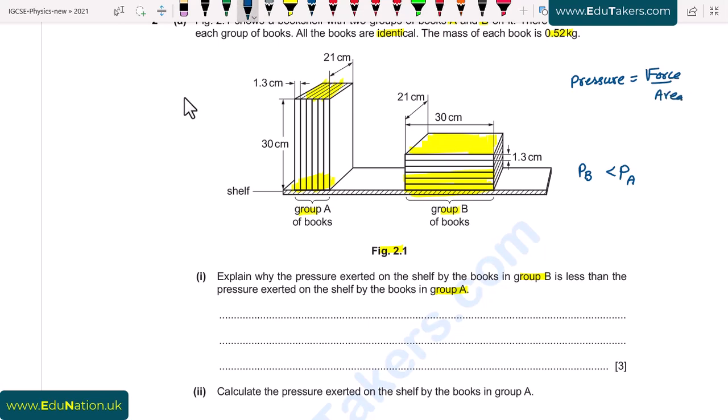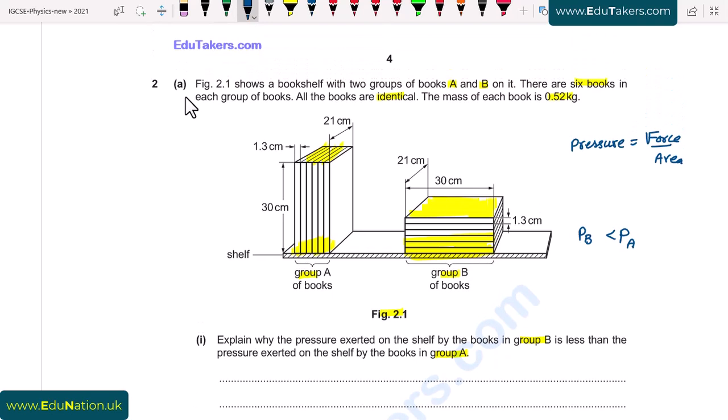In the question, it is given that there are 6 books in each group of books and all the books are identical. It means that the force on each group is the same. So the force on group A of books and group B of books are identical. I write here F of A is equal to F of B. Force is the same. So if the force is constant, what will be the relation between pressure and area?